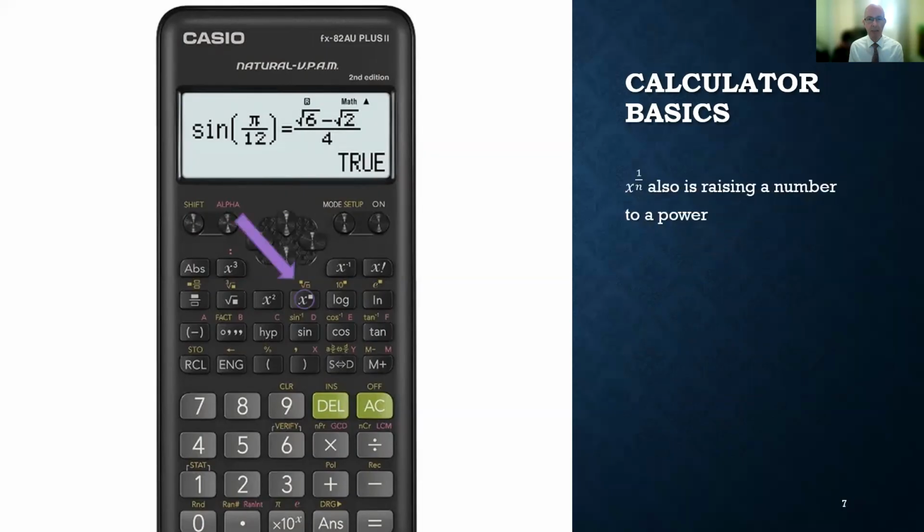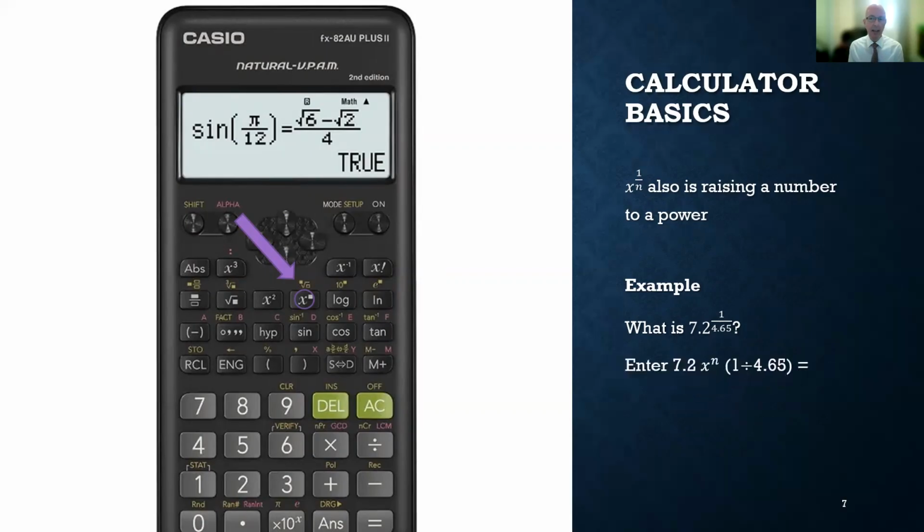We'll now raise a power of 1 on n, which is the same as taking the nth root. The way we'll do that is with an example: 7.2 to the power of 1 over 4.65.